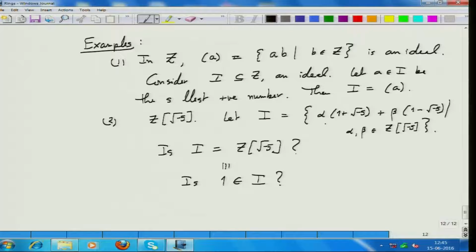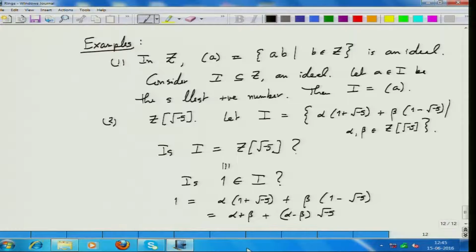If 1 is in the ideal I, then we will have 1 equal to some alpha times (1 plus square root of minus 5) plus beta times (1 minus square root of minus 5), which is alpha plus beta plus (alpha minus beta) square root of minus 5. Right?